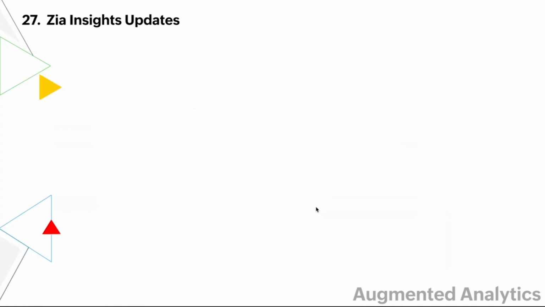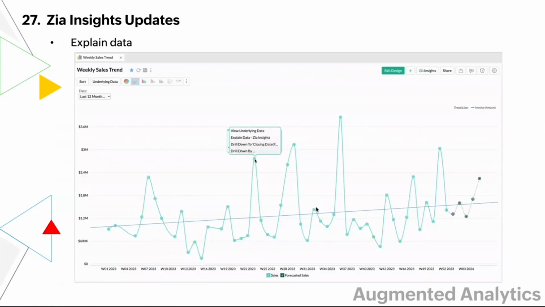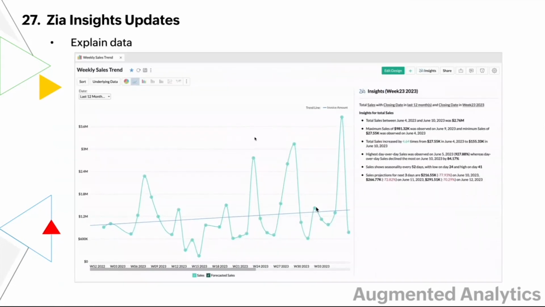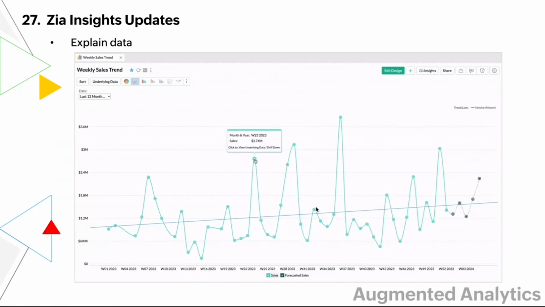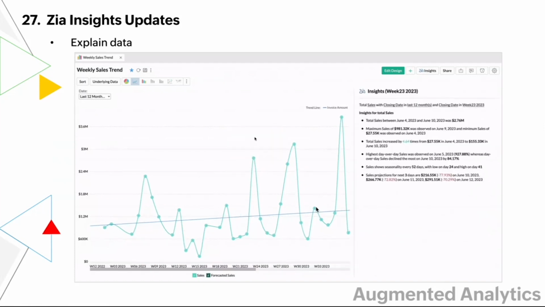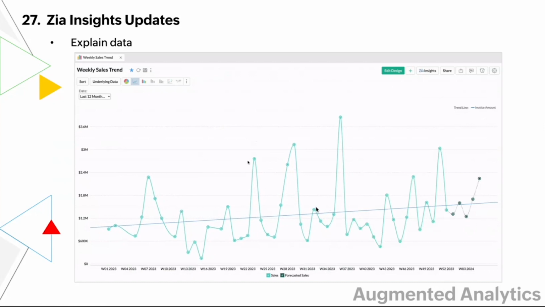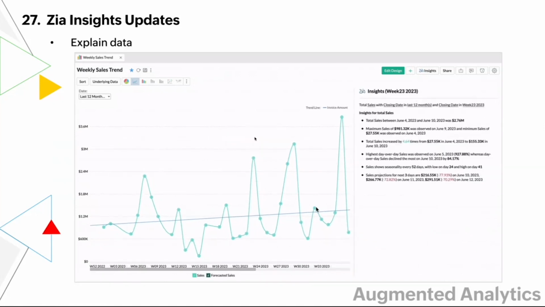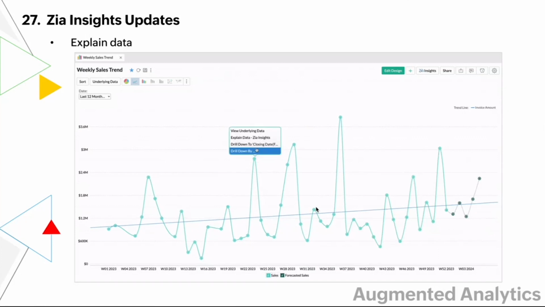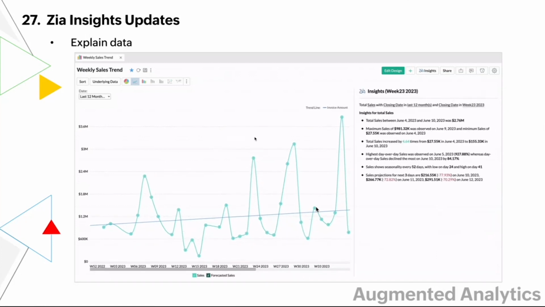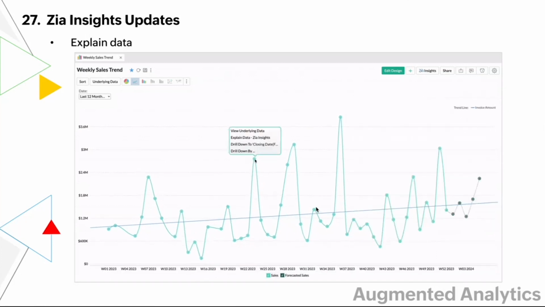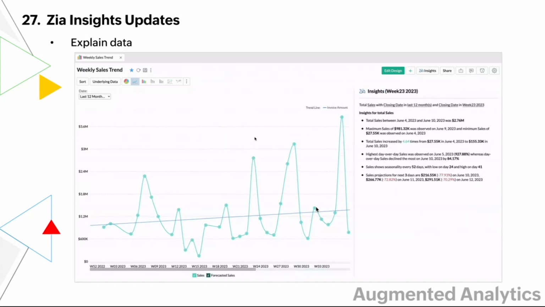All right, we are now moving on to the Zia Insights updates for this year. First up, we have Explain Data. This feature is your go-to for gaining valuable information related to a specific data point in your report. For example, let's say you have a chart displaying sales across this year by week. Say you want to dive a bit deeper into weekly sales.